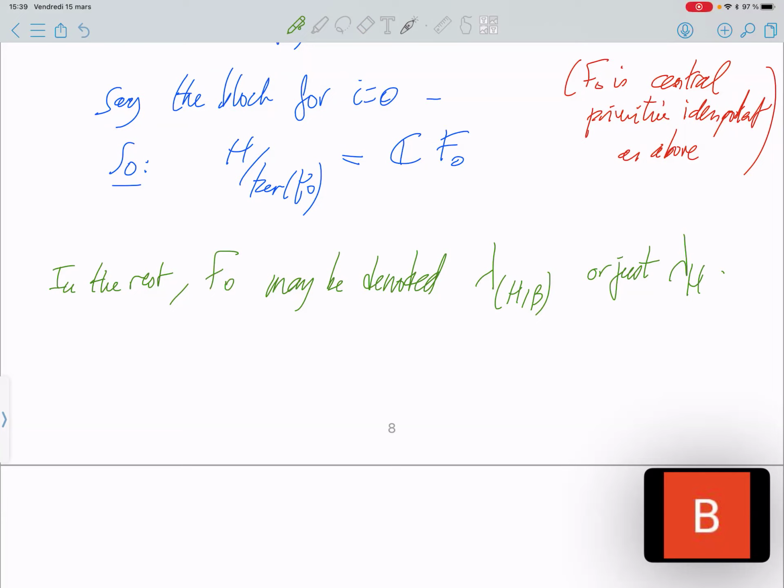There is too much notation. So the challenge is to simplify the notation as much as possible. It's not clear to me that it's really required to use another notation for that. We can just use F0, but sometimes it will be more convenient to use that. But it may produce some confusion if you have too much notation.